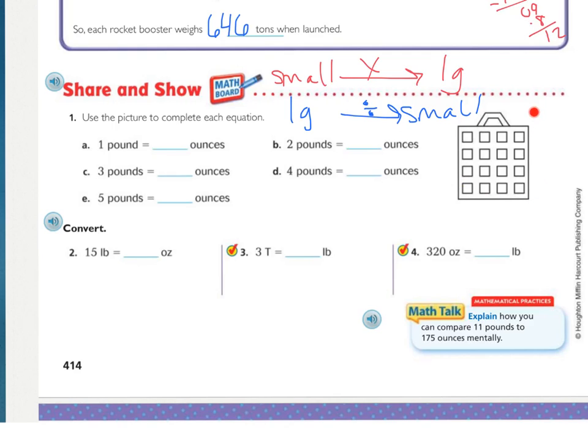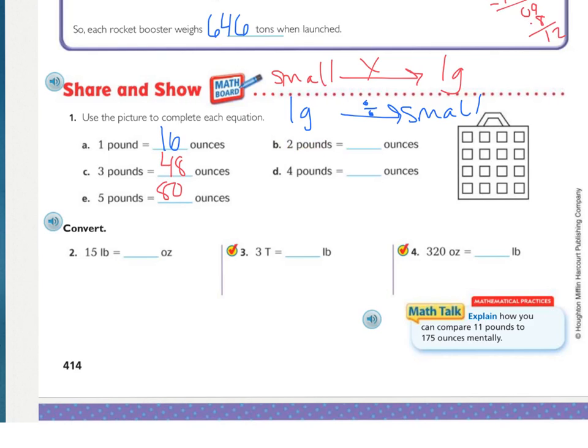So this picture, this is 1 pound, and each little square equals an ounce. So 1 pound equals how many ounces? It equals 16. 3 pounds equals how many ounces? So you would multiply 3 times 16, and you would get 48. 5 pounds equals how many ounces? 5 times 16 equals 80.